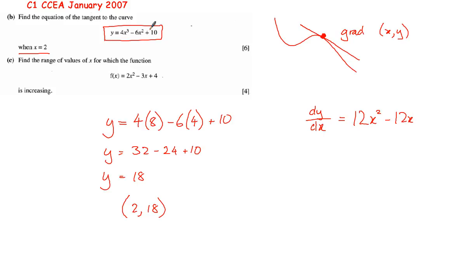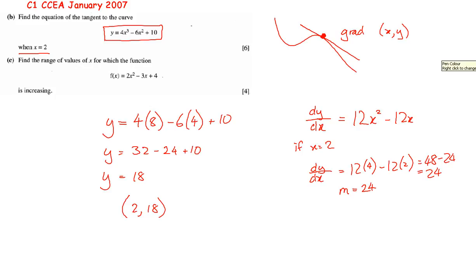When you differentiate a constant, you get 0. So there's our gradient. If x equals 2, then dy by dx is equal to 12 times 4 minus 12 times 2, which is 48 minus 24, which is 24. So I know that the gradient, I'm going to call it m, is 24.